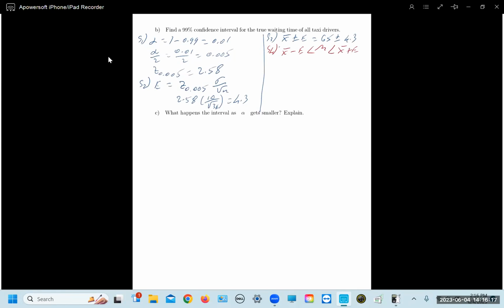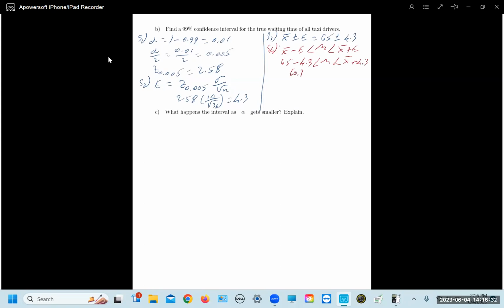And this one is x bar, 65 minus 4.3, mu, and x bar plus 4.3. So we have 60.7, and this one mu, 69.3. And for the calculation, we do the same as we have done before.